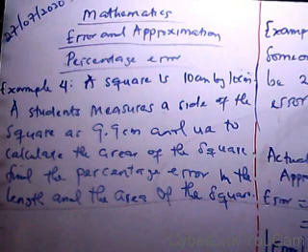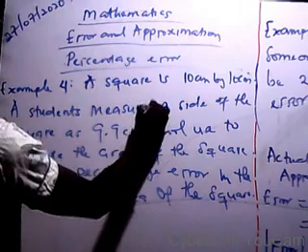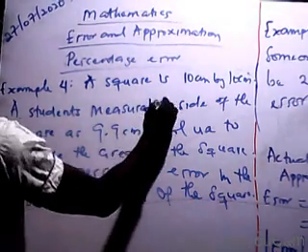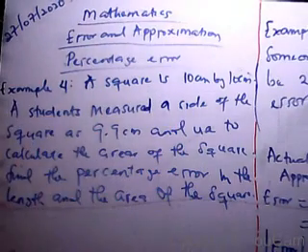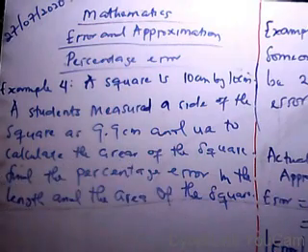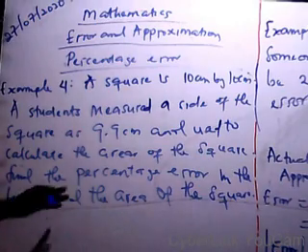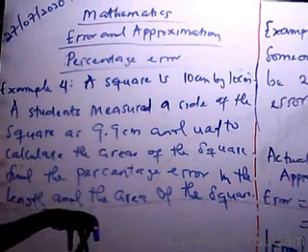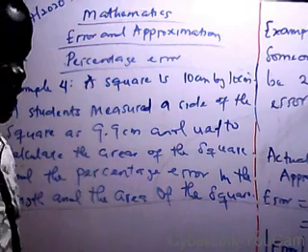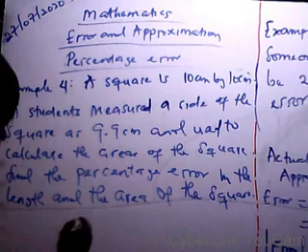The student measured the side of the square as 9.9 centimeter, and used it to calculate the area of the square. So we have to find the percentage error in the length and the area of that square. So how do we solve this?